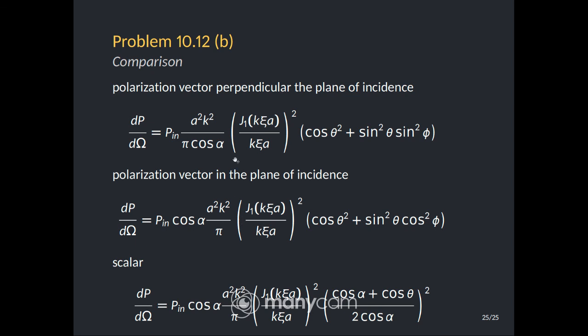We can see when the incident angle is equal to 0, these two expressions are just the same, and otherwise almost the same, just different by this polarization angle. And for the scalar diffraction theory, the power per solid angle is written in the following form.